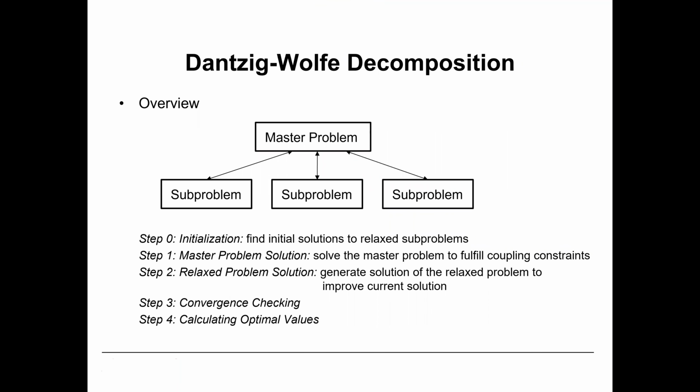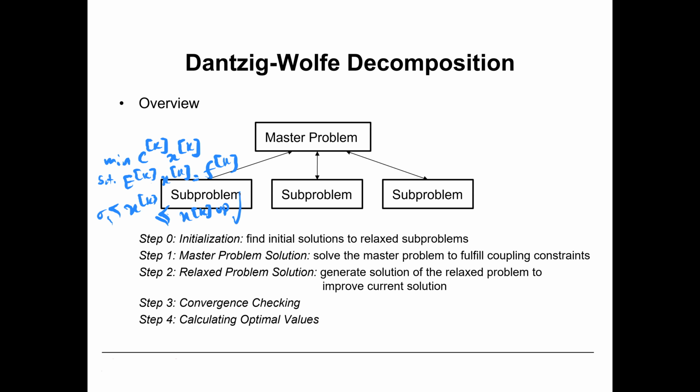All right. So this is the overview of Dantzig-Wolfe decomposition. We have the master problem and we have subproblems. Again, just to emphasize, each subproblem only has the variables corresponding to that subproblem and the non-complicating constraints corresponding to that subproblem, and also the positivity and boundaries of the variables.